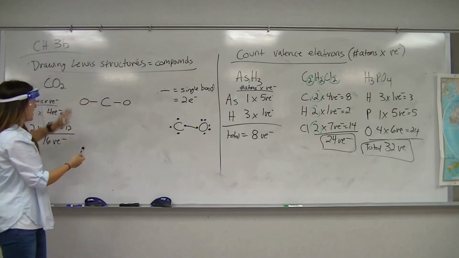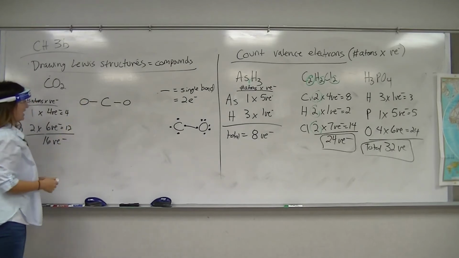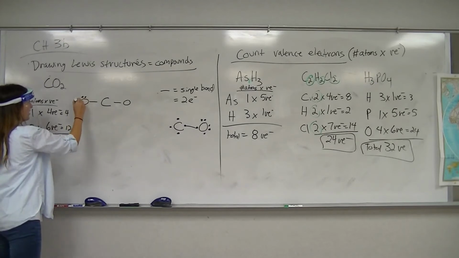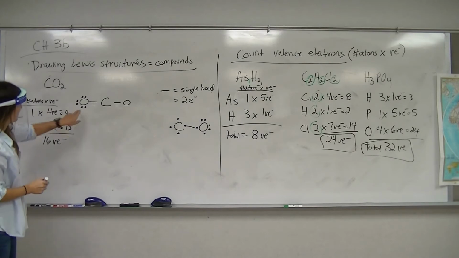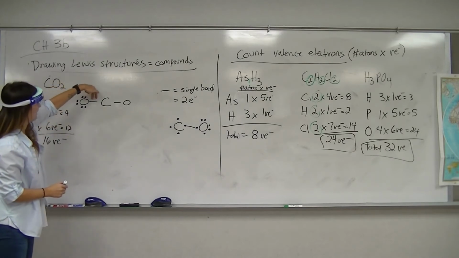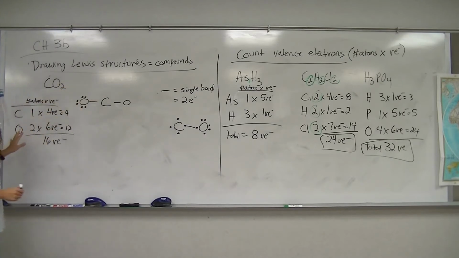So since oxygen has 2, I want it to have 8. So how many more do I need to add to it? 6. And I'm going to put them in pairs, just like when we draw the Lewis structure. So now, it's 2 electrons, 4 electrons, 6 electrons, and that single bond makes it 8. So this oxygen is happy. I'm done with that guy.